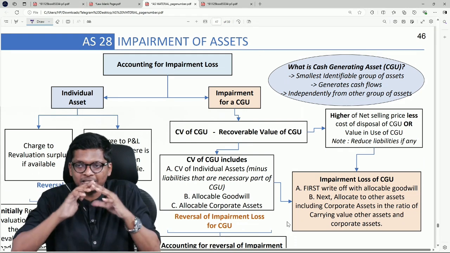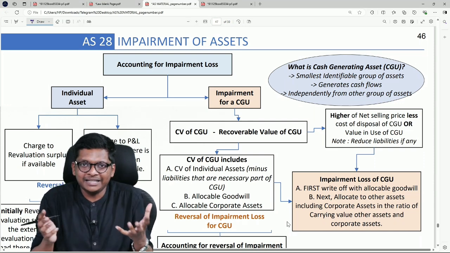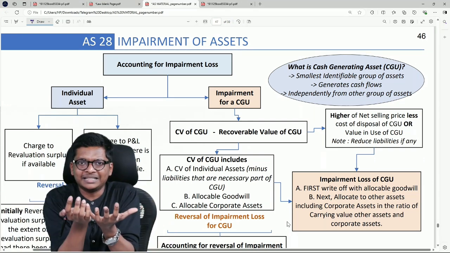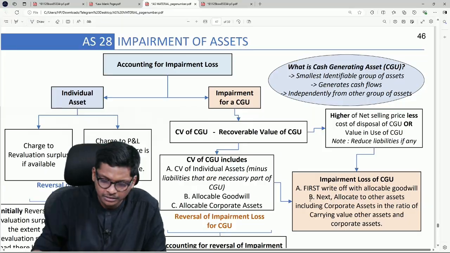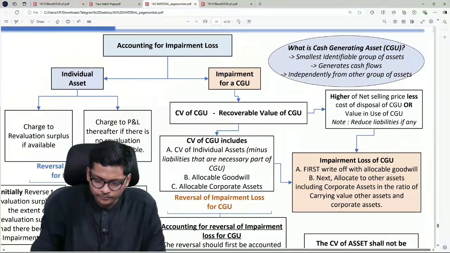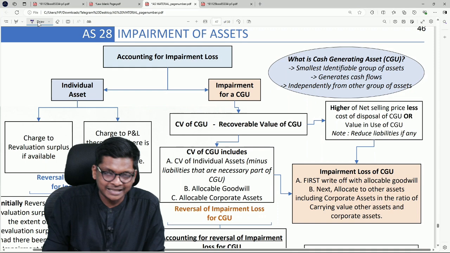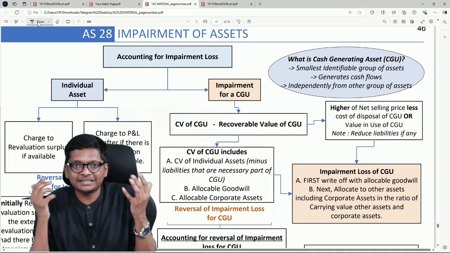Students are coming to class for everything put together. So, the camera cannot work independently. Camera along with all the assets are working. Then the CGU, what happens over here? It becomes a part of the CGU. So, we will not treat it as a separate asset. We will call it CGU.